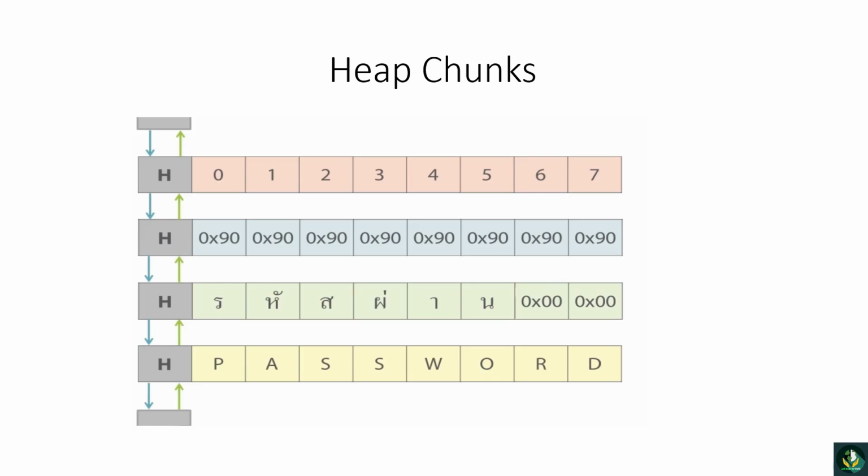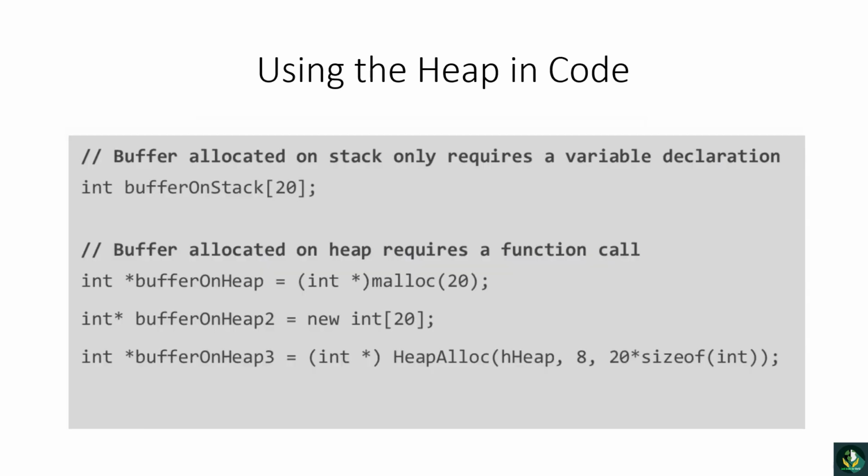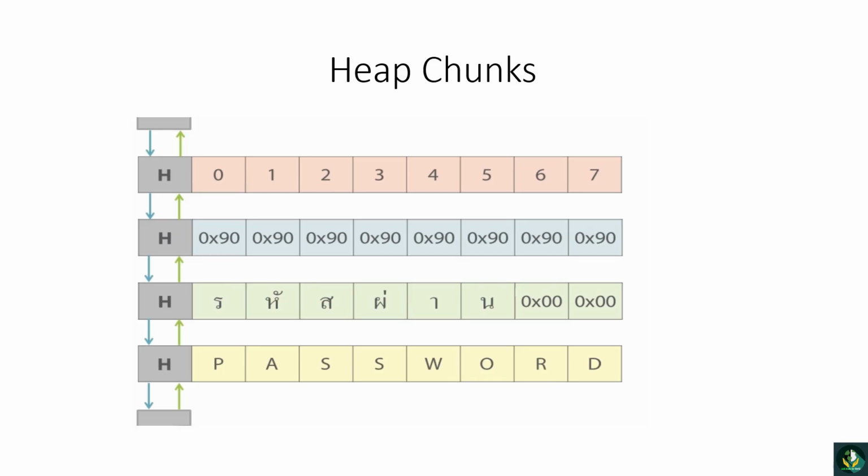The management of heap memory is therefore the responsibility of the programmer. Once a process no longer needs a buffer, the memory used by the buffer should be released to the pool of memory from which it came.